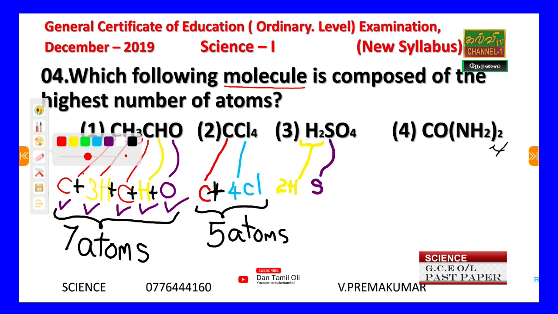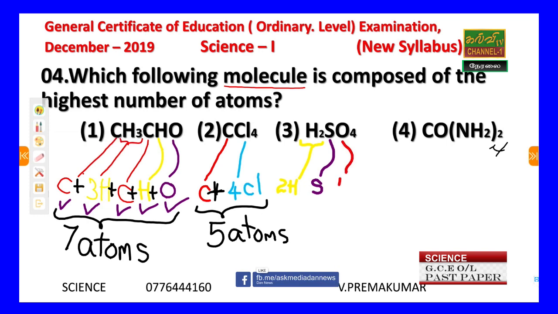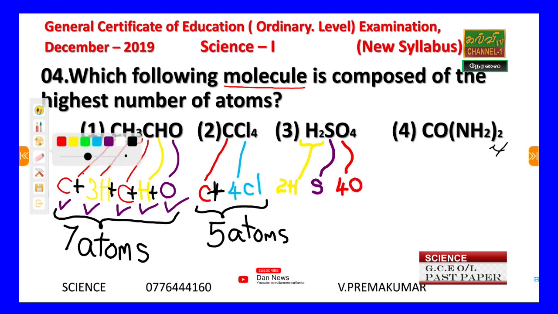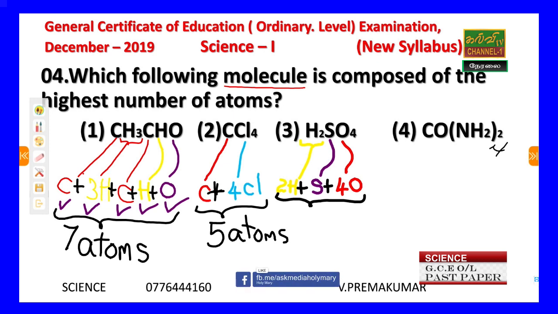Then there are 4 oxygen atoms. Now when you add these atoms, how many atoms can we find? 2, 1, 3, 3 plus 4, 7. Right? Earlier we found the number 7 atoms. 2 plus 1 is 3, 3 plus 4 is 7. Yes, there are 7 atoms.